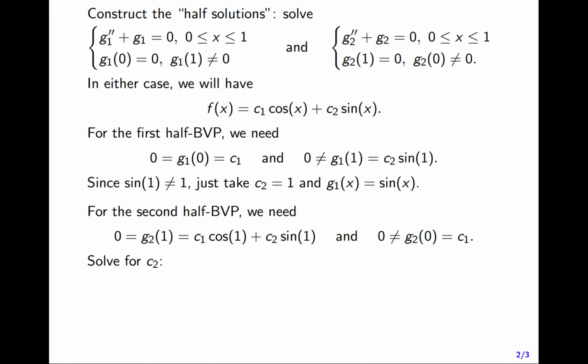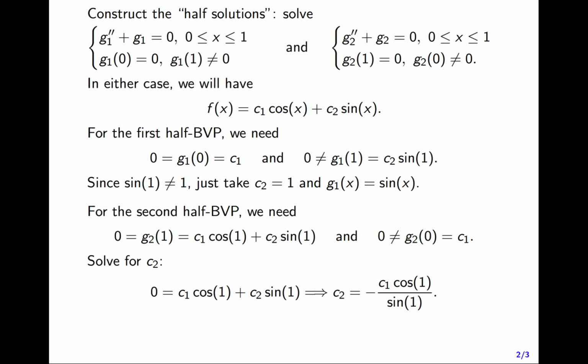Why c2, you might ask? Well, the second boundary condition, or anti-boundary condition, tells us something about c1, so my gut says let's work with c2. So if you want 0 to be equal to c1 times cosine of 1 plus c2 times sine of 1, that tells you that c2 has to be minus c1 times cosine of 1 over sine of 1.